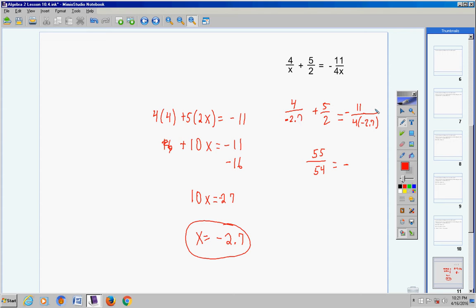So 11 divided by parentheses 4 times negative 2.7, enter, then math, enter, enter, gives you negative 55 over 54, but there's already a negative sign right here. Negative, negative makes it positive. You must get the same thing on both sides. You must. Okay? You must check it. It does check, so this is our answer. We'll practice more of these, okay? Alright, let's move on and try some harder problems. These are tough, I'm telling you guys. Alright, next problem.